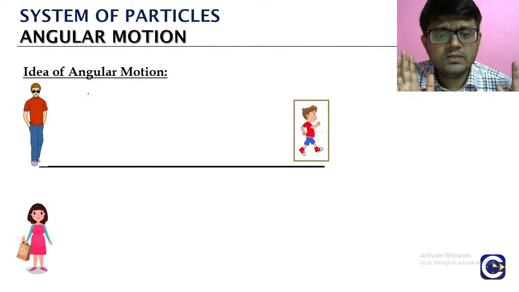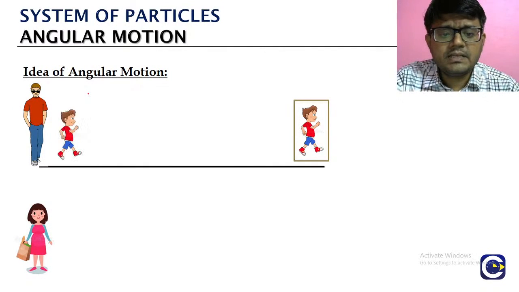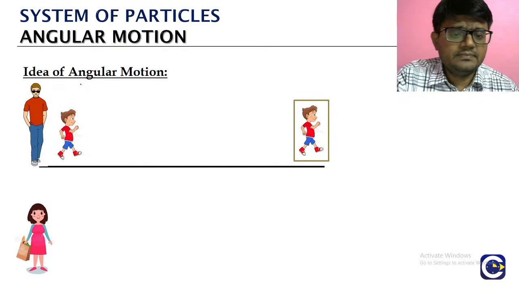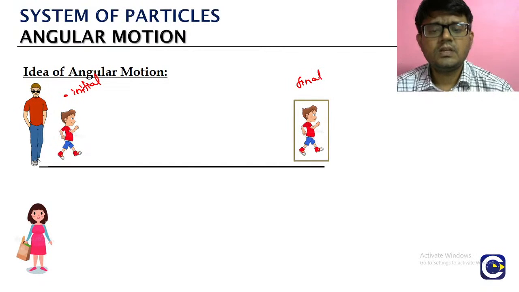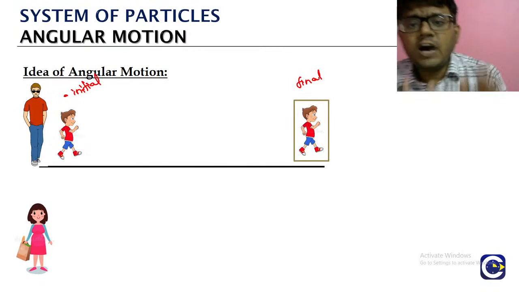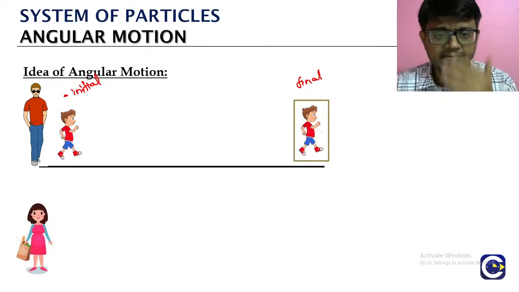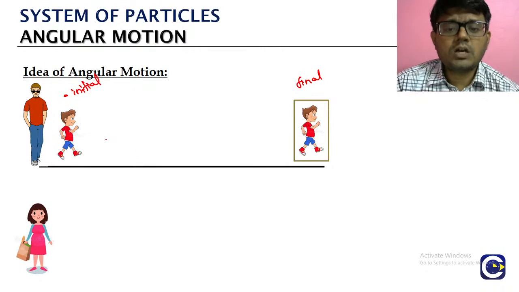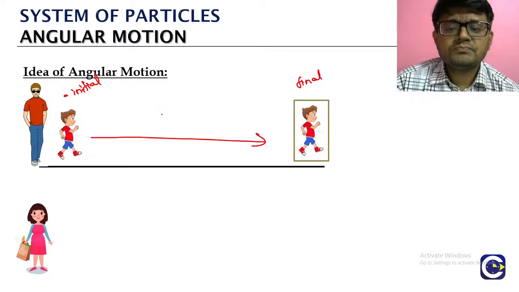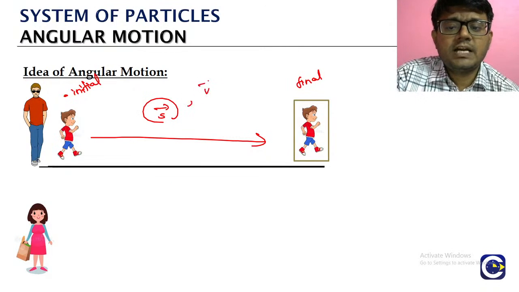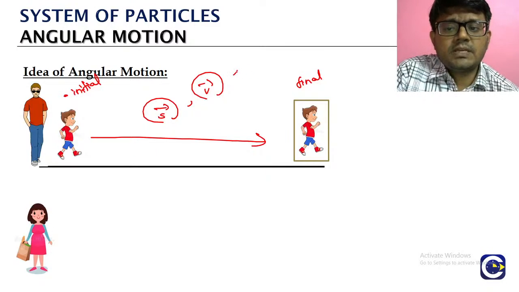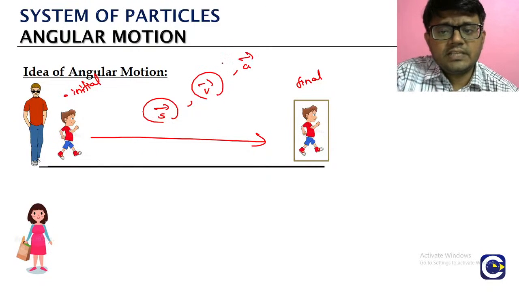The son moves from the initial position to the final position. When the father is studying the motion of the son, he will talk about the displacement, the velocity, and the acceleration.